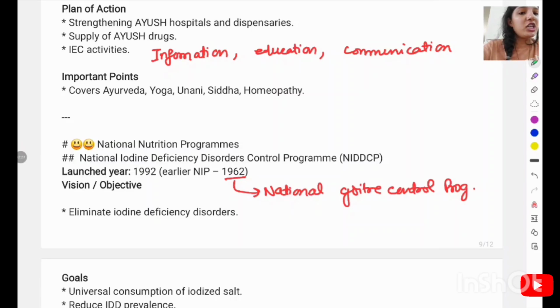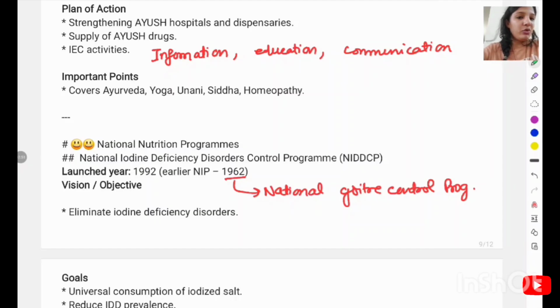Next is the National Nutritional Program, and there are some programs launched under this heading, such as the National Iodine Deficiency Disorder Control Program, because iodine is one of the major concerns related to goiter. The launching year of the National Iodine Deficiency Disorder Control Program is 1992. Earlier it was the National Iodine Program in 1962, and there the National Goiter Control Program came in.